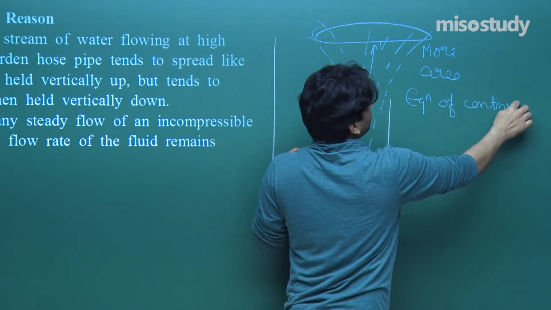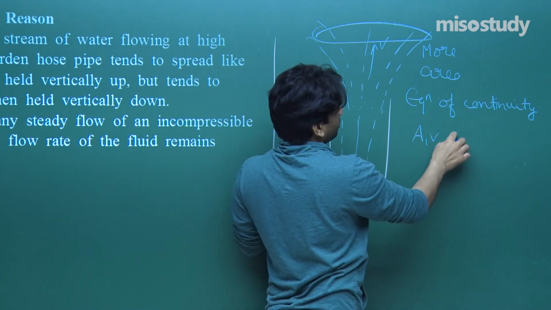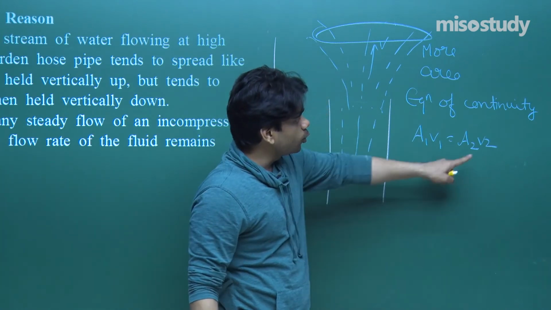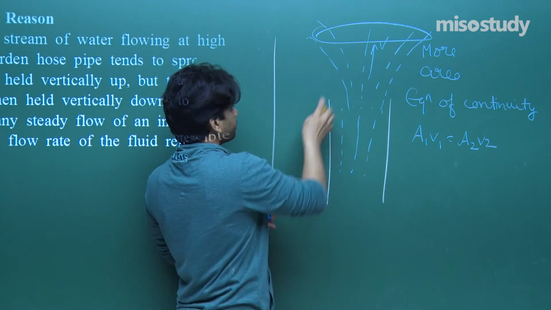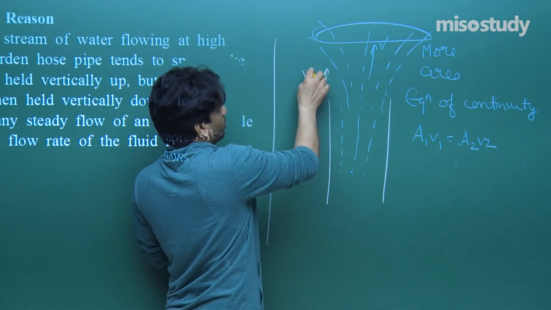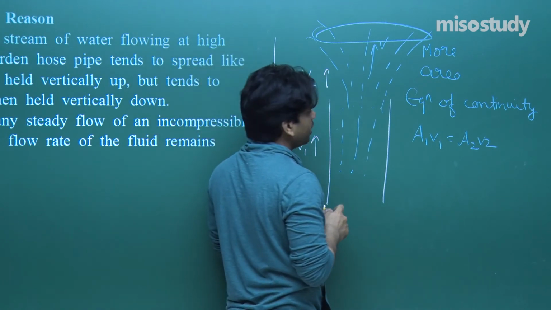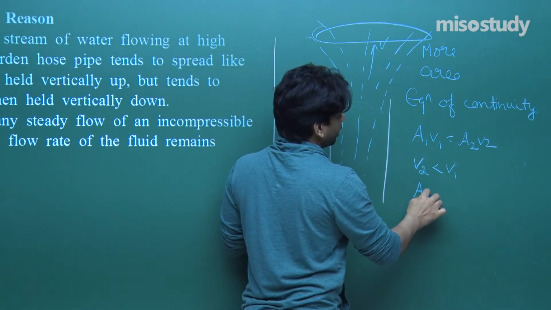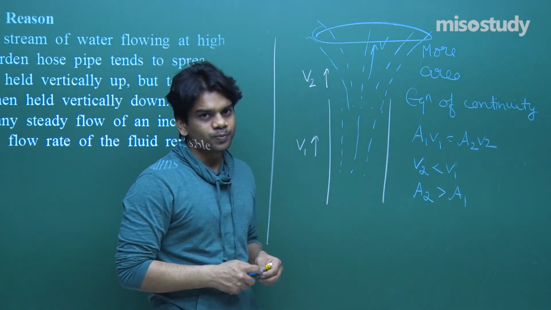Higher the velocity, lesser is the area; lower the velocity, higher is the area. A1 V1 equals A2 V2. If we take velocity here as V2 and velocity here as V1, clearly V2 will be less than V1, hence A2 will be greater than A1. So statement 1 is true.